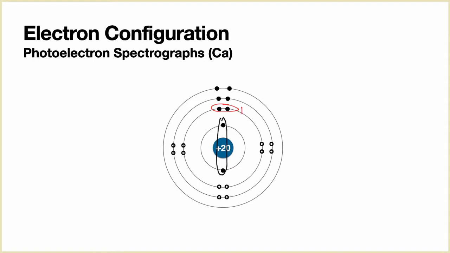These two represent the first energy level, S. These represent the second energy level, P, 6 electrons. These are going to represent the third energy level, S. These are going to represent our third energy level, P.